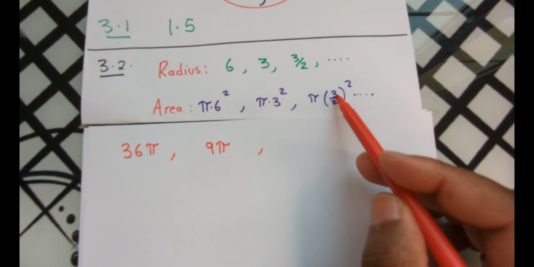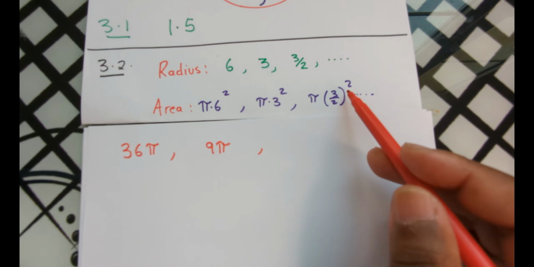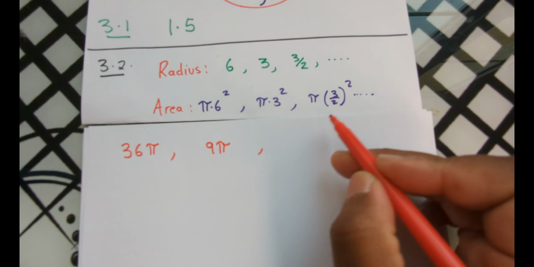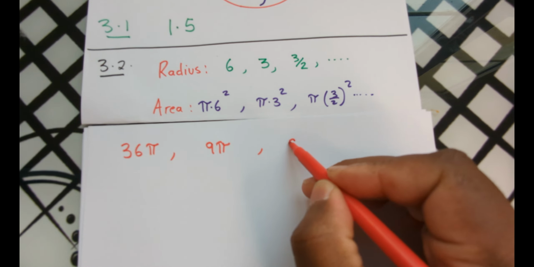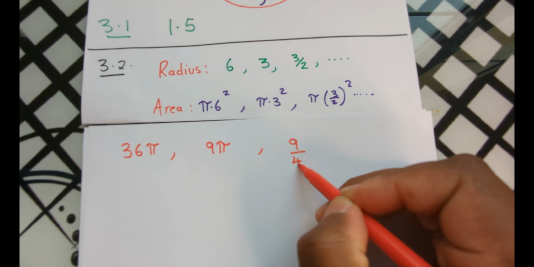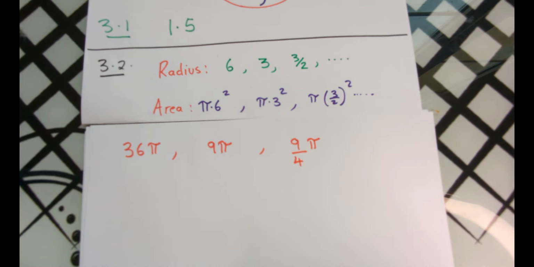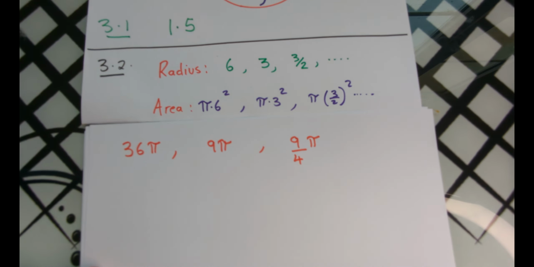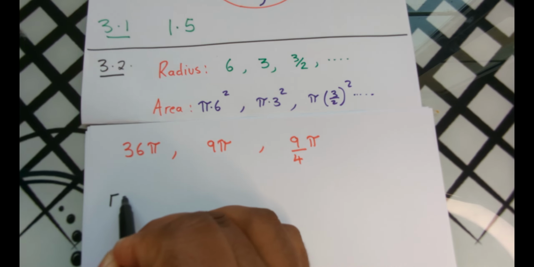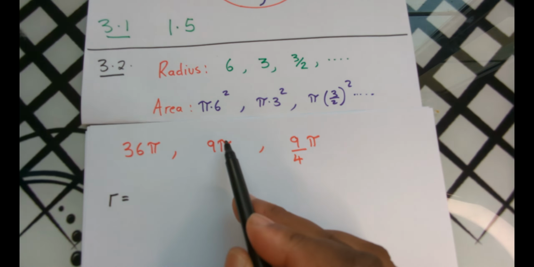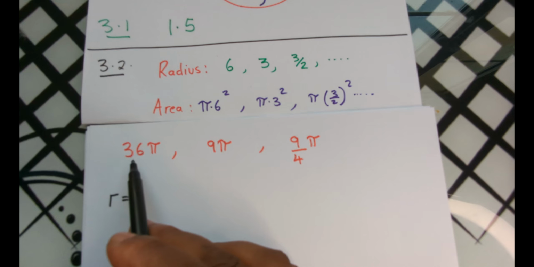The third one would be 3 squared, 9 over 2 squared over 4. It would be 9/4 pi. Now let's find our common ratio. Our common ratio r would be the second term divided by the first term.